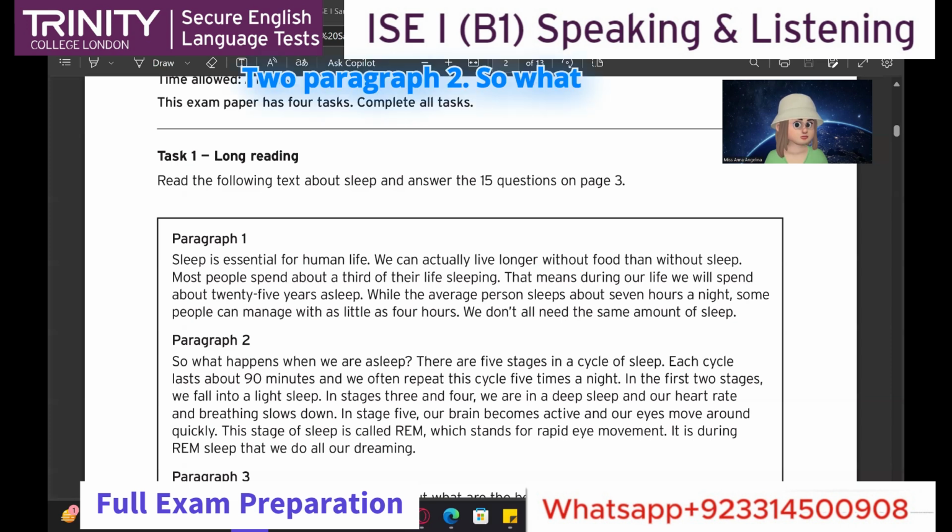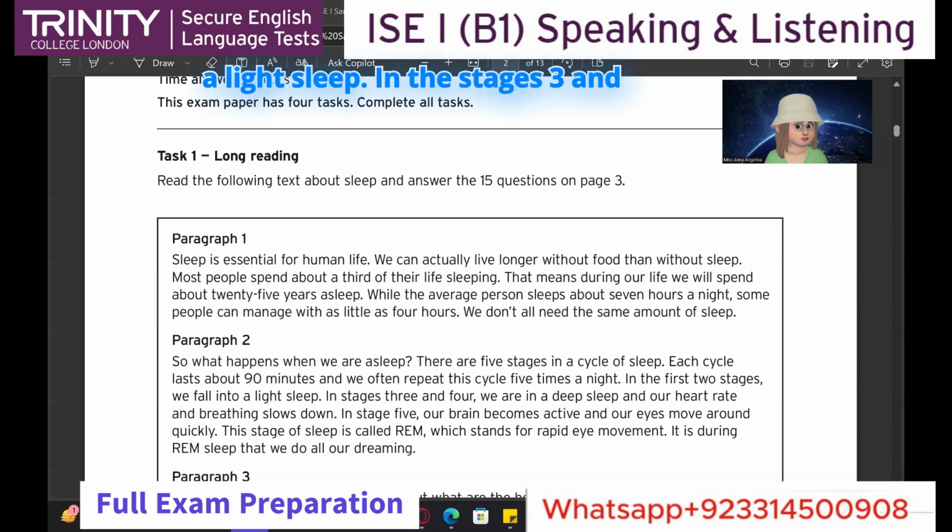Paragraph 2. So what happens when we are asleep? There are 5 stages in a cycle of sleep. Each cycle lasts about 90 minutes, and we often repeat this cycle 5 times a night. In the first 2 stages, we fall into a light sleep.